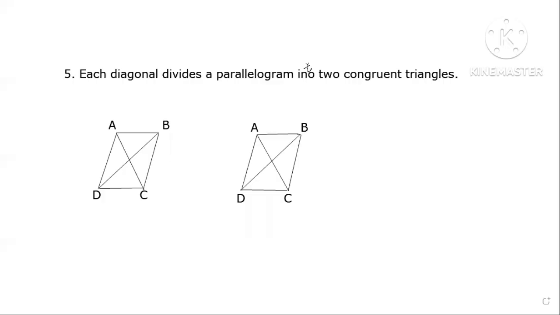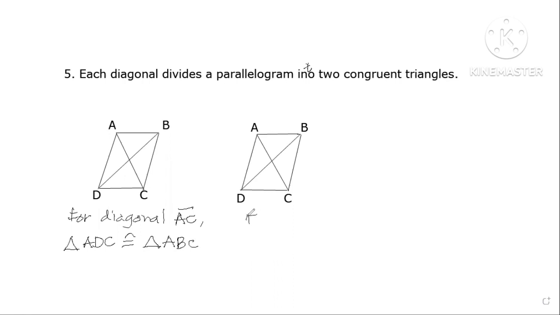Okay, last property, each diagonal divides a parallelogram into two congruent triangles. So for diagonal AC, triangle ADC is congruent to triangle ABC.